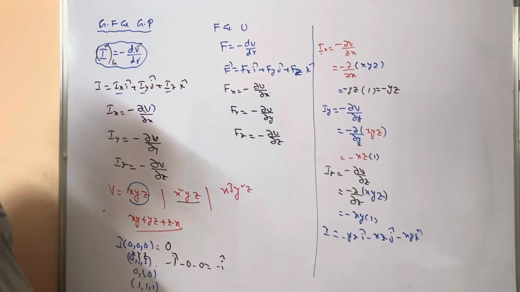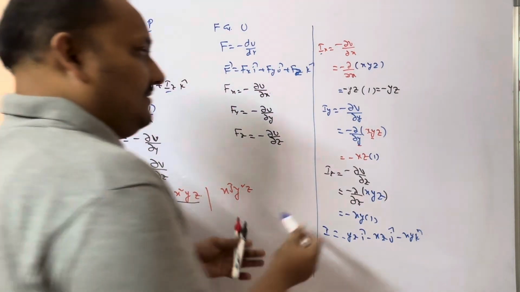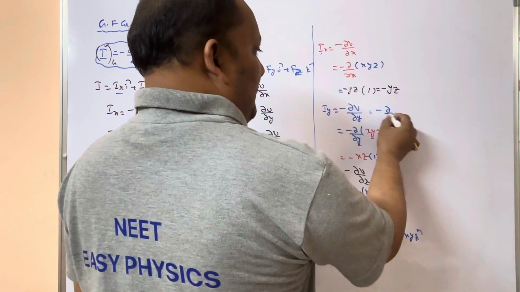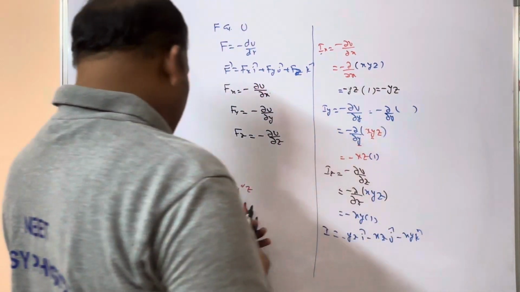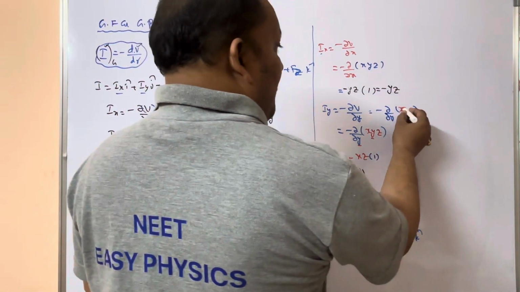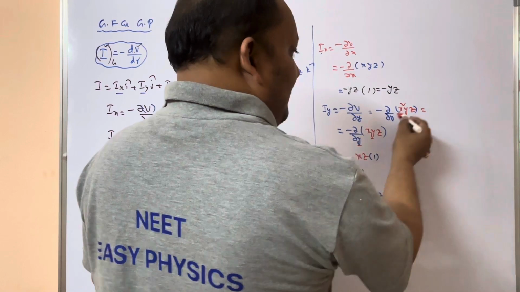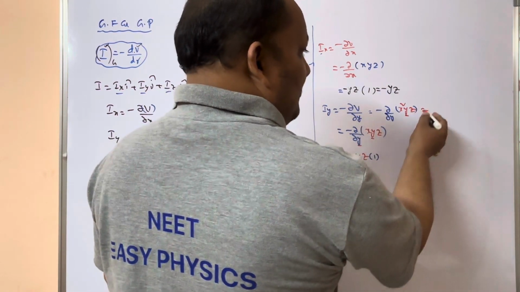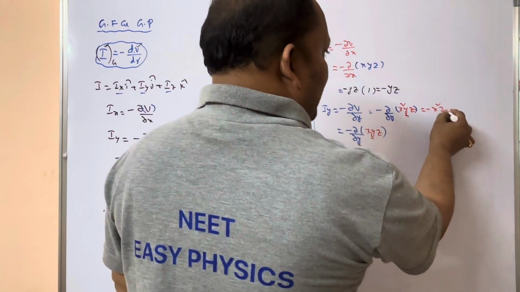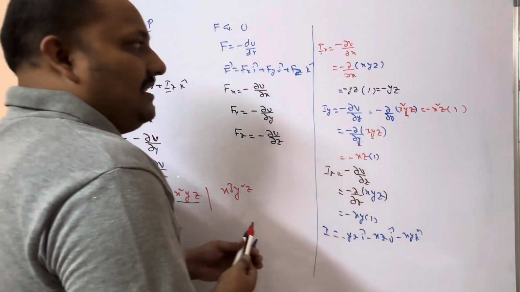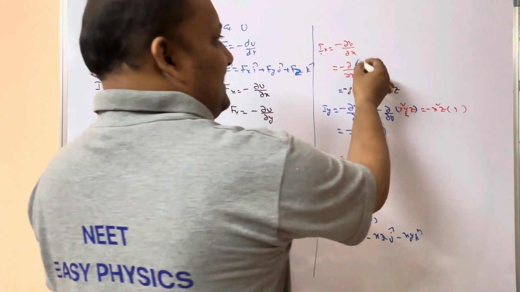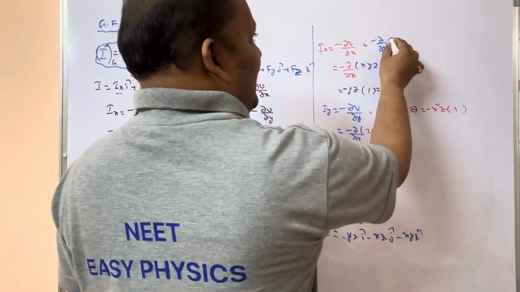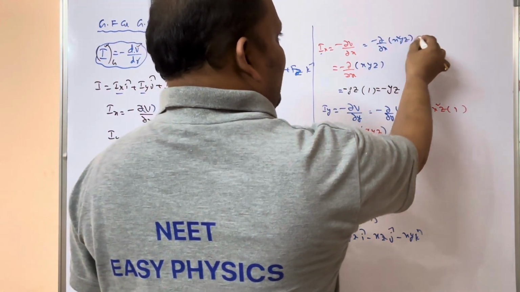If you are doing this one, minus ∂ by ∂y of x square yz. With respect to y we are differentiating, so minus x square z is constant, derivative of y is 1. In this case, minus ∂ by ∂x of x square yz.